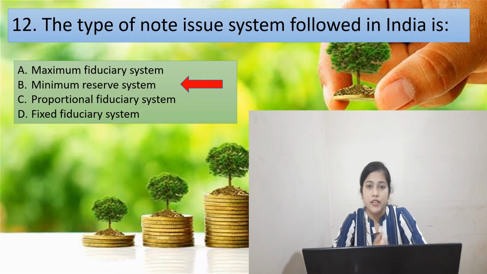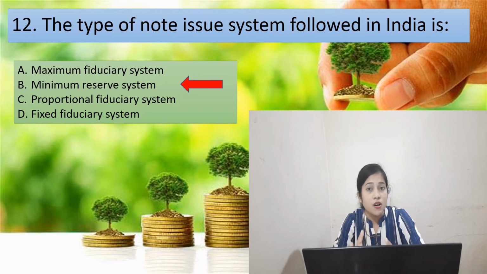Let me tell you what this minimum reserve system is. Generally, RBI follows the minimum reserve system. That means before issuing any kind of credit to the commercial banks or the economy, RBI needs to maintain a minimum reserve of 200 crore, comprising foreign currency, gold reserve and other bullion reserves.